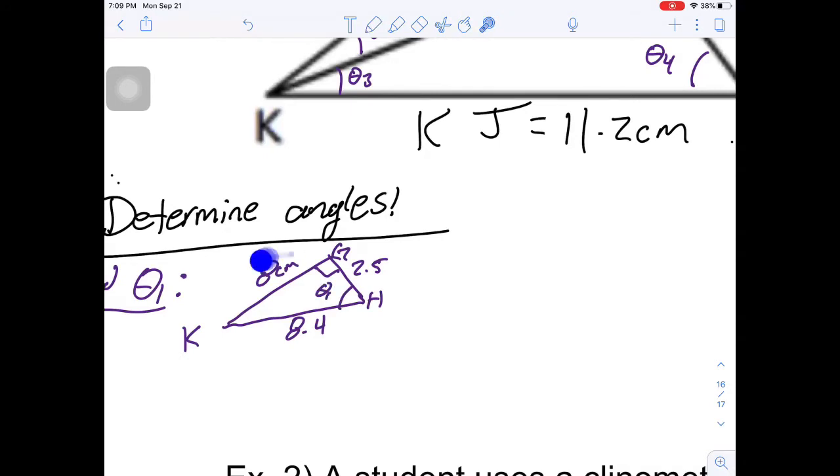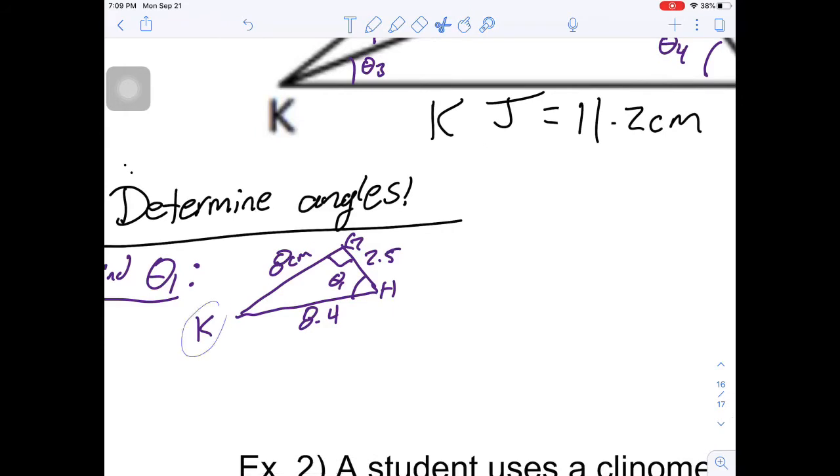I have all the side lengths, and as soon as you have at least 2 side lengths, you can always find an angle. So in this case, I'm going to ask myself which ratio, sine, cos, or tan, relates what I have to what I'm trying to find. Looking at angle 1 here, this is your hypotenuse, because it's opposite of your 90 degrees.